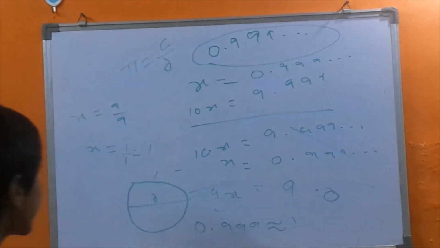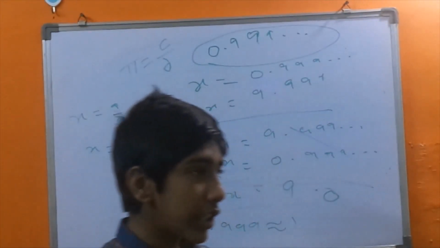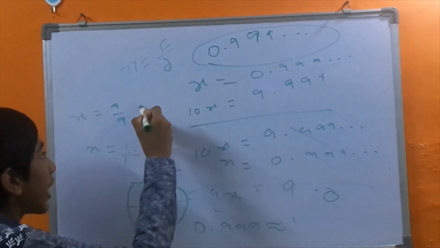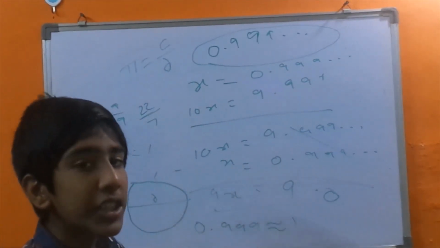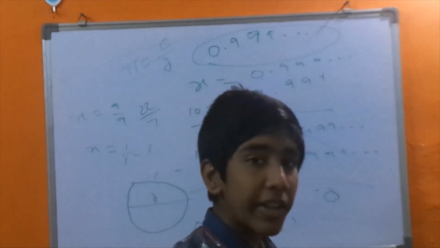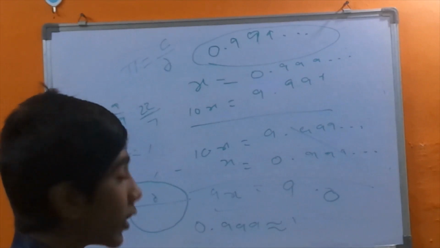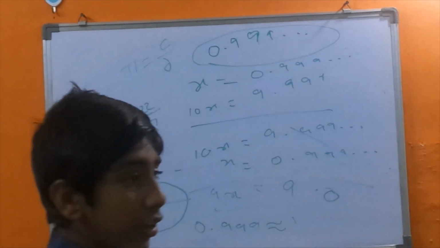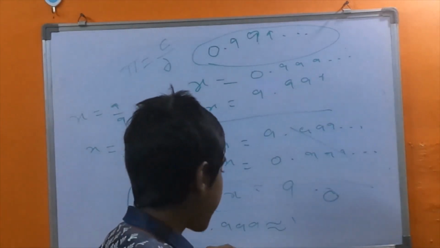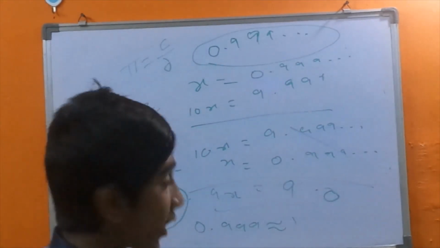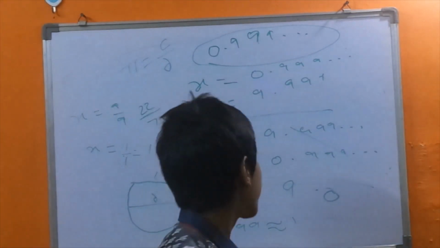Well, pi is an irrational number because, see, we take the value of pi as 22 by 7 for our convenience, but the exact value of pi is not known till now. You should know it for an infinite number of places, which is almost impossible.